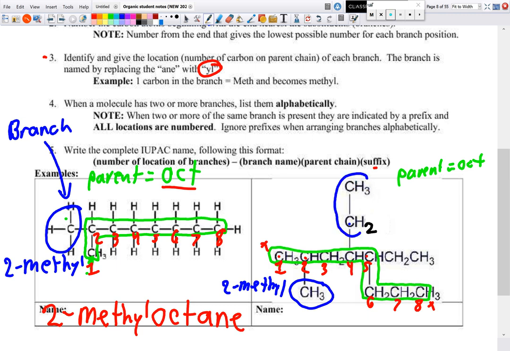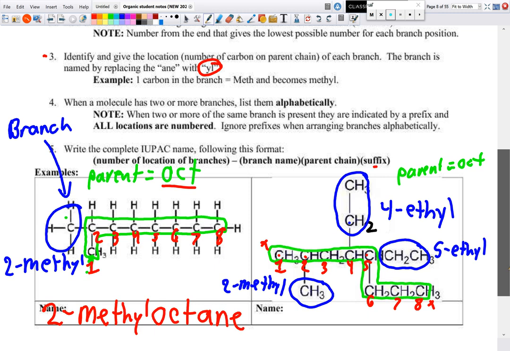When we have 2 carbons, it is eth. So I write eth, show it's a branch, it's yl. And same thing here, I have 1, 2 carbons that aren't accounted for, off carbon 5, so this is going to be 5-ethyl. Those are my branches.